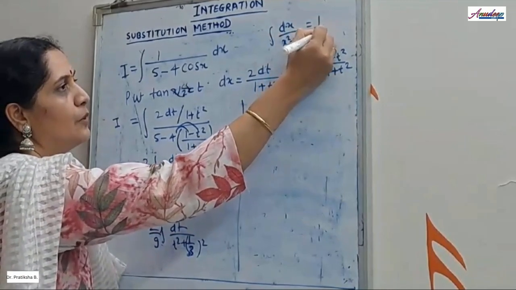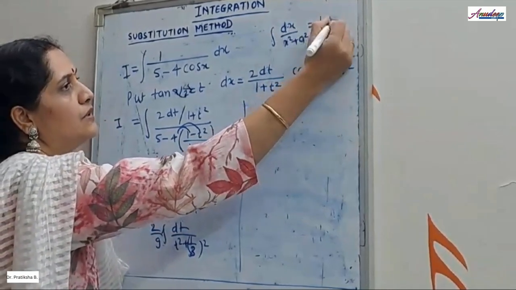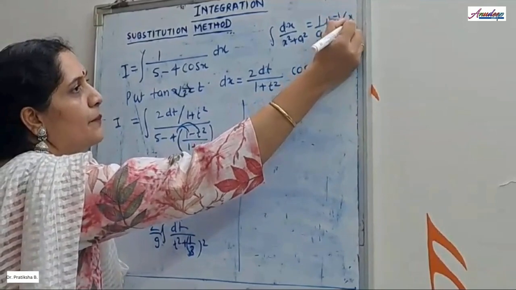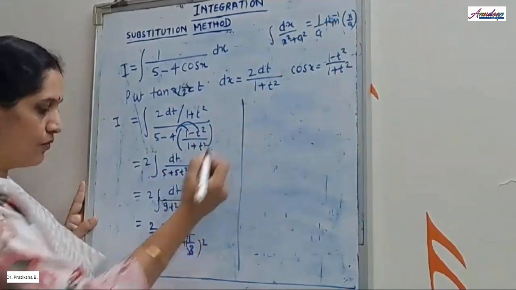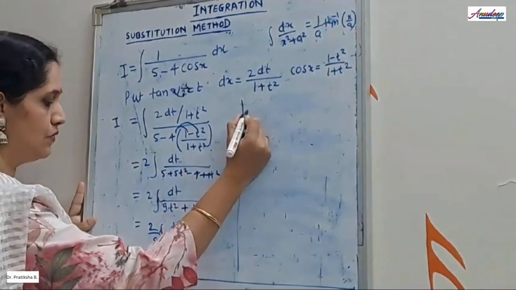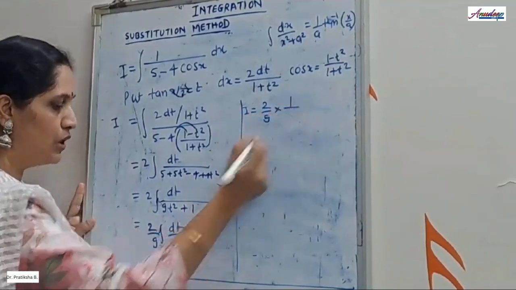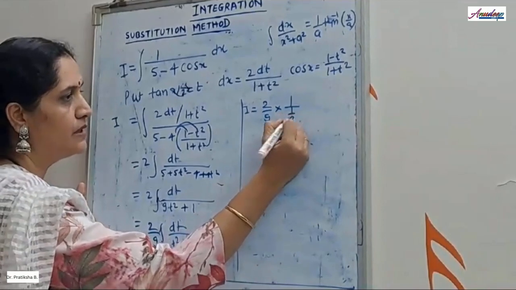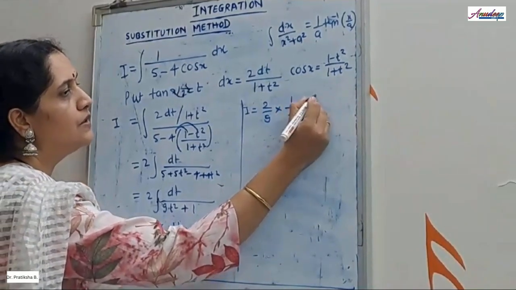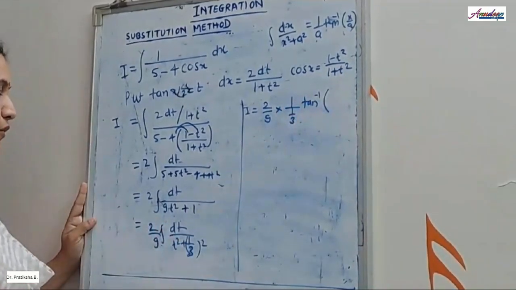It is equal to 1 upon a tan inverse of x upon a, right? So here, what is my a? a is 1 by 3. So what I will be getting, I is equal to 2 upon 9 into 1 over a, that is 1 by 3, tan inverse of. Now, what is the value of x?